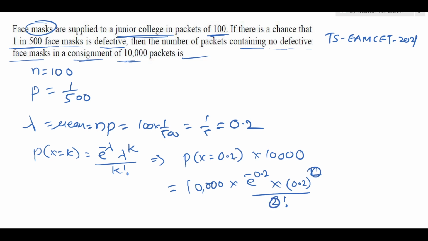P of x is equal to 0, no defective, that is P of x is equal to 0. 0 factorial is 1, 0.2 whole power 0 is 1, that is 10,000 into e power minus 0.2, that is equal to 10,000 by e to the power of 0.2.